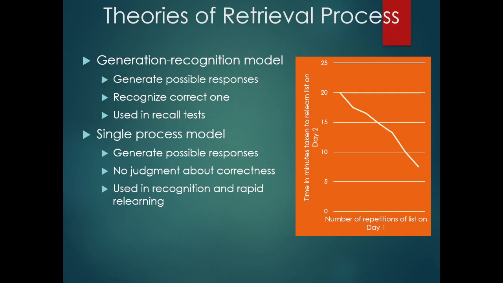This doesn't have any kind of correct responses or anything like that. They're just relearning, right? It's not a measurement of accuracy. It's a measurement of minutes to achieve some goal. So the person is demonstrating that they have the information stored in their memory by being quicker at producing it the second time, right?